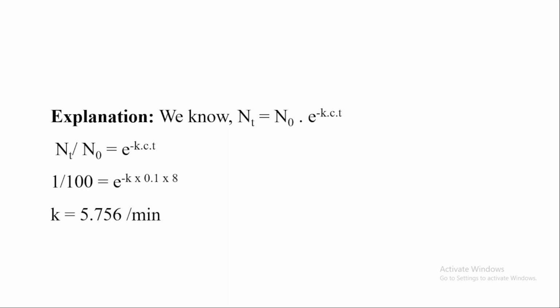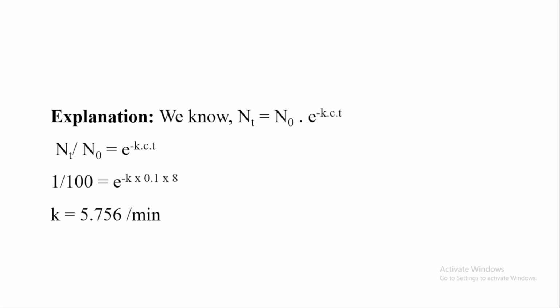So N0 is 100 and 99% bacteria is killed. 99% of 100 is 99, so 100 minus 99 will be 1. That means Nt will be 1.